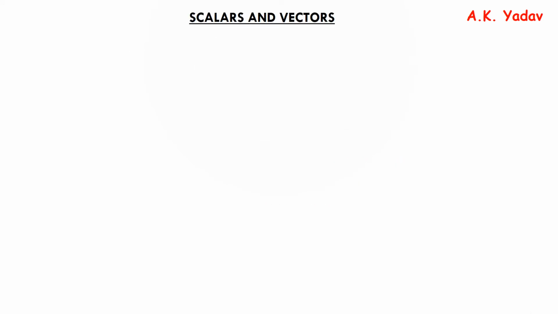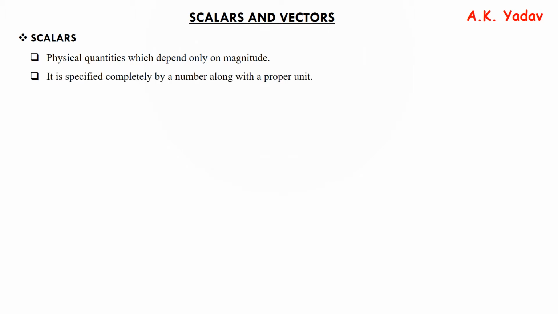Now, the first thing, what are scalars and vectors? So scalars, the physical quantities which depend only on magnitude are called as scalars. It is specified completely by a number along with a proper unit. They can be combined by the rules of algebra.